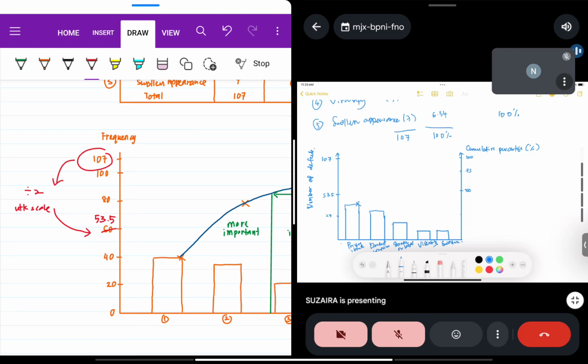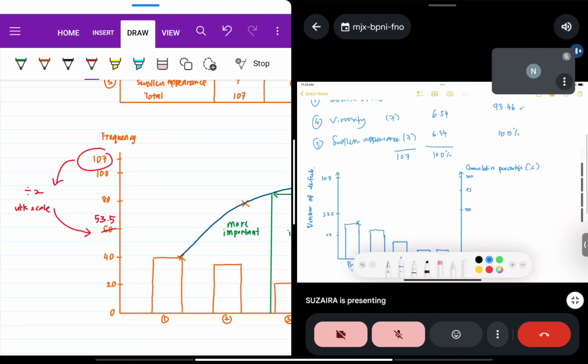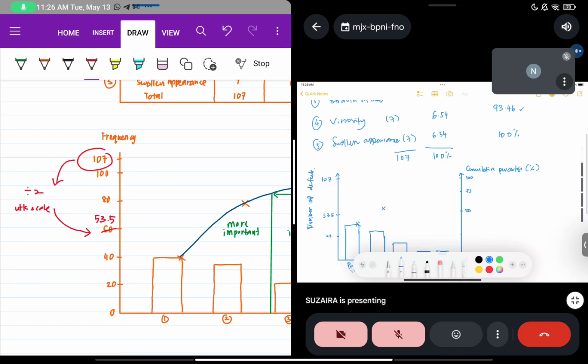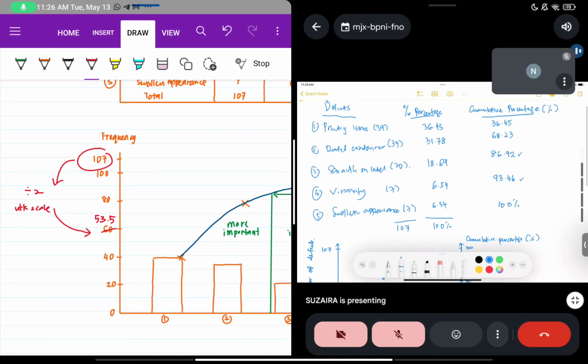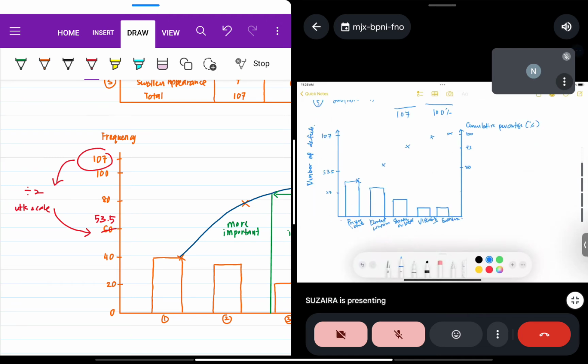Okay, so here is 36, and then we have 68 here. 86, 93, and 100, yeah. Okay. So now you draw the line, the curve, like this one. Okay, apply it like that.